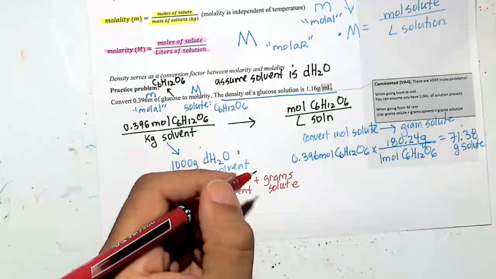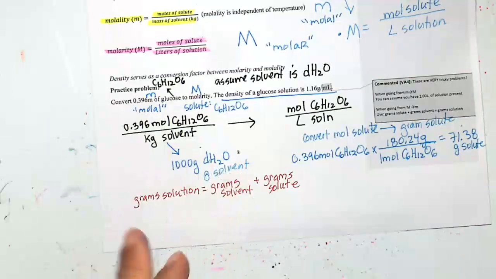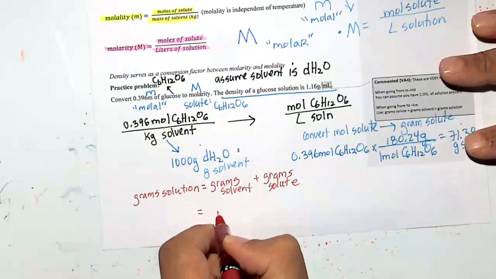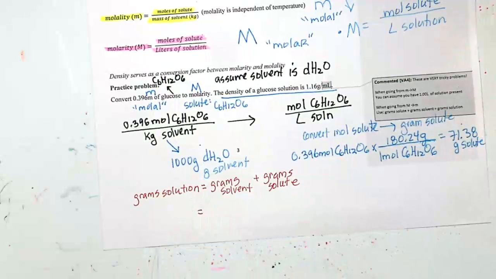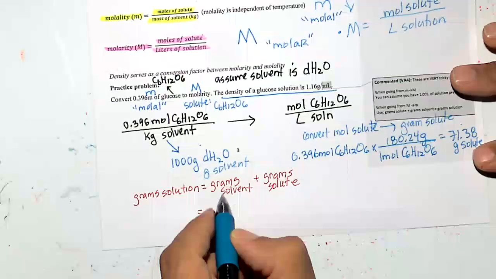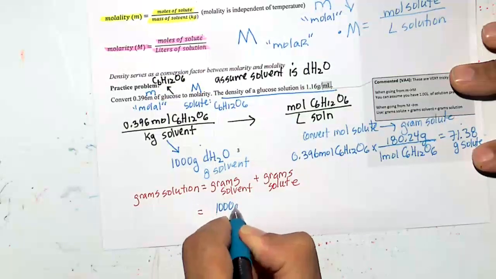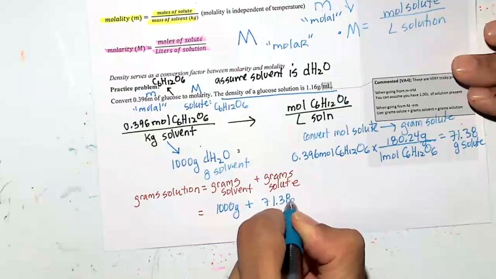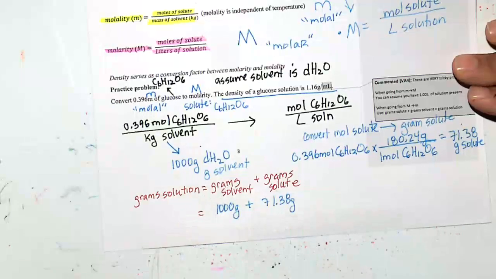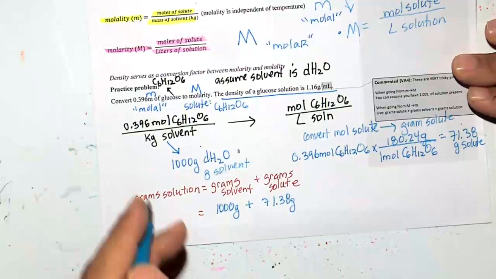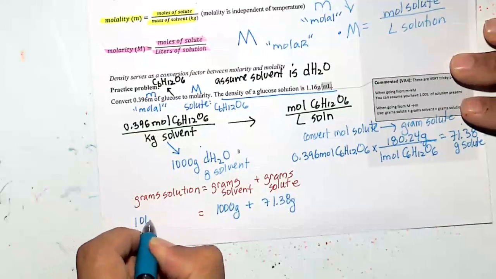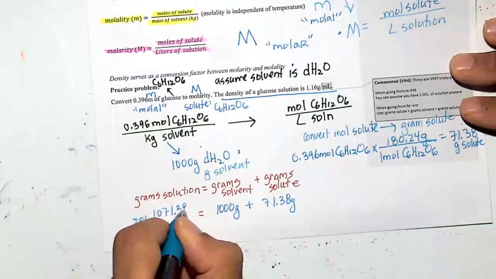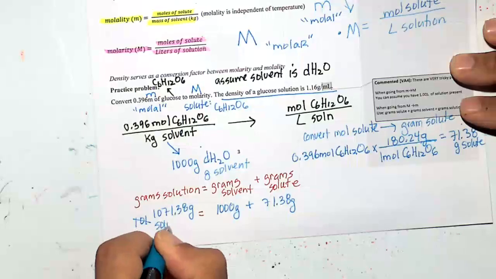Okay, because solution is equal to solute plus solvent. All right, so our grams of solution, we're going to take the 1,000 grams of water solvent plus our 71.38 grams of solute, and this gives us what, 1071.38 grams of solution.